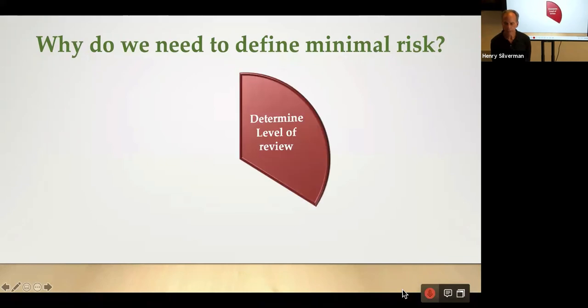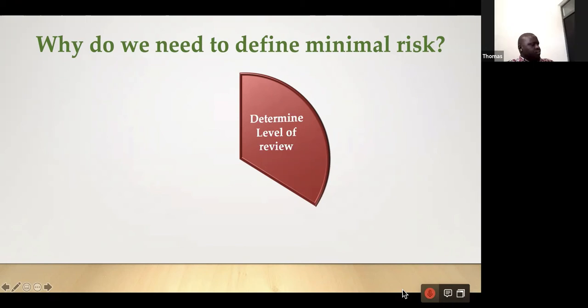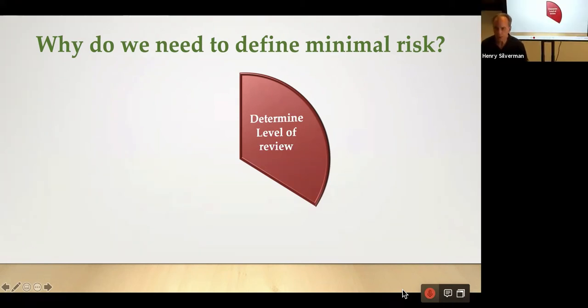However, having said that, we need to define minimal risk in order to determine the level of review. Now, I haven't formally gone over this, but in that protocol review form, you saw categories like exempt research, expedite research, and full board review.